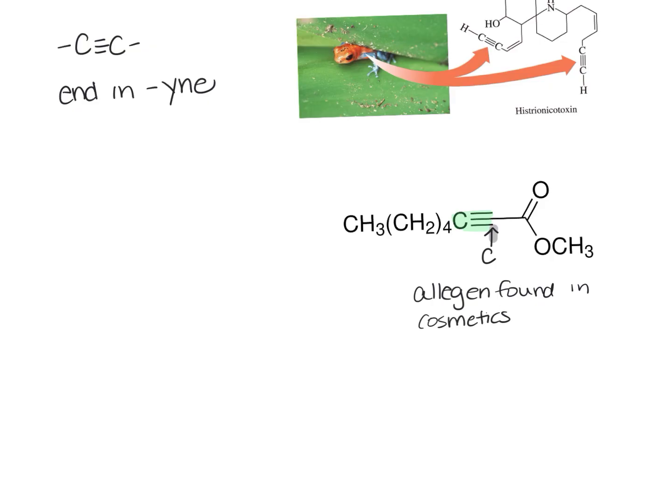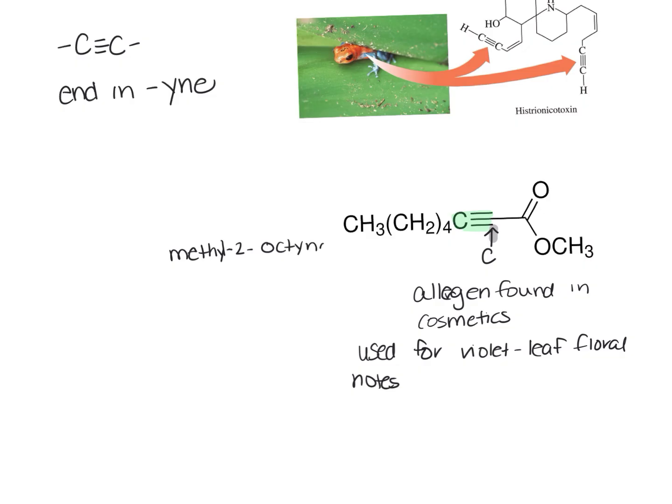So several people, if you're allergic to kind of a strange cosmetic, it might be this molecule, because it's used for violet leaf floral notes. So again, the name here is methyl 2-octanoate.